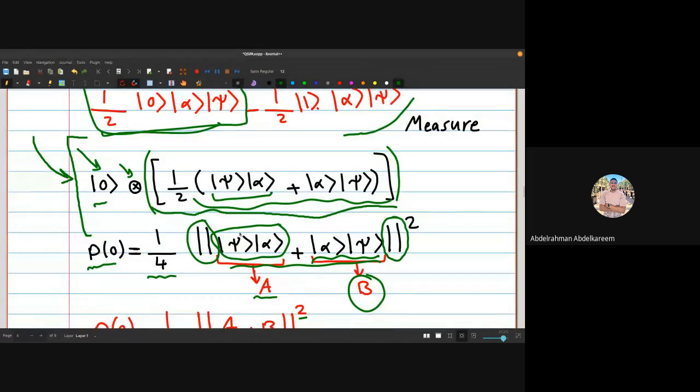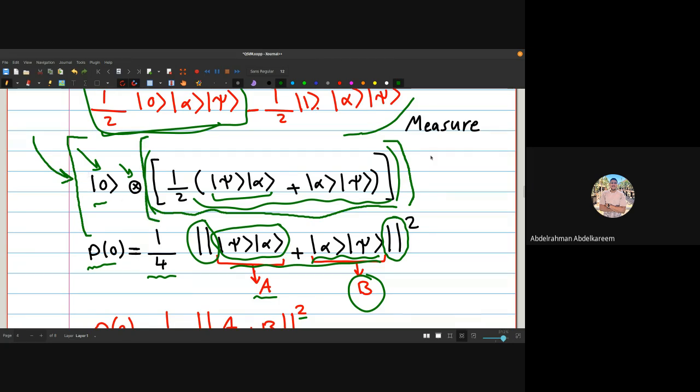Okay. Then we want to get the probability of 0. We know this: if we want to get the probability of a certain state, then you square the amplitude of this state. So this whole term is the amplitude of state 0.